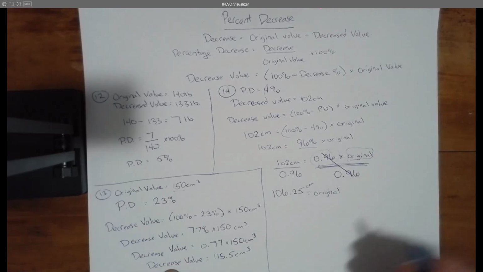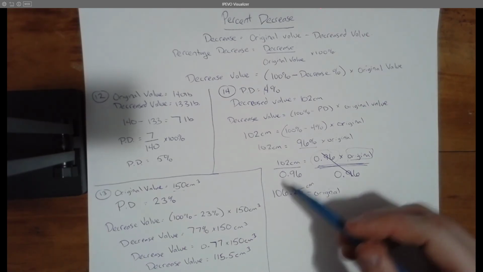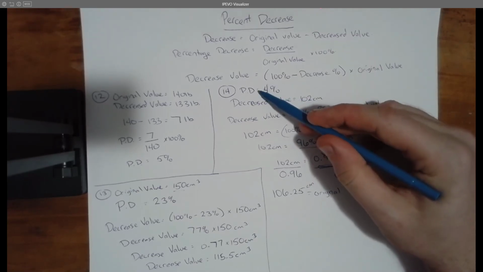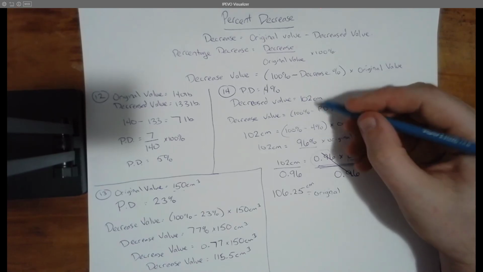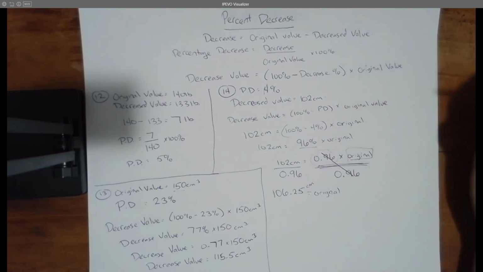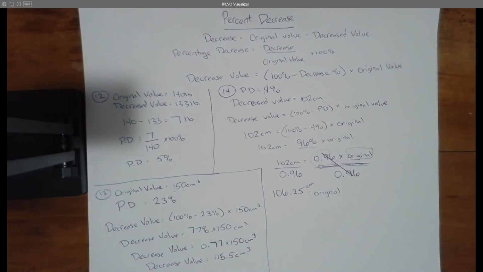That means that the original value of the pants should be 106.25 centimeters long, so that after a 4% decrease in value, we end up with pants that are 102 centimeters long. Hopefully this helps you understand better how percent decrease works and how similar it is also to percent increase.